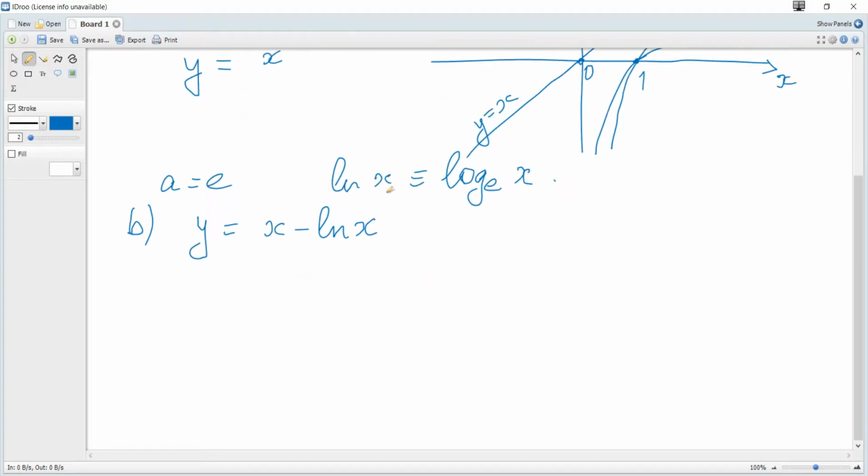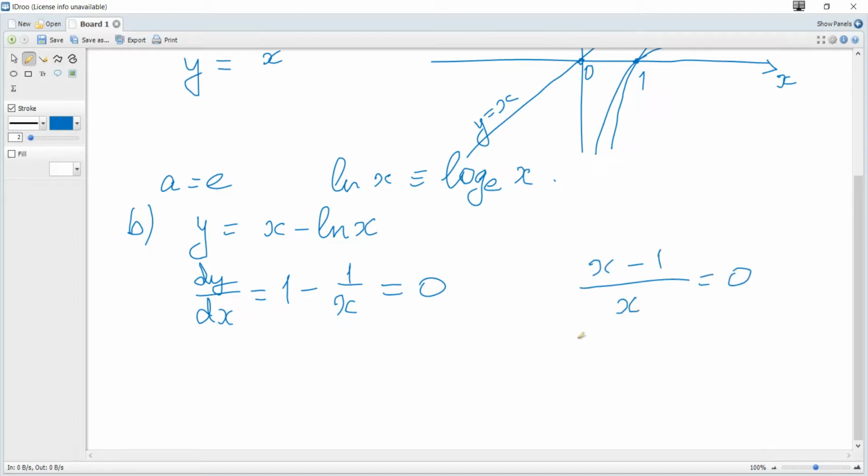So we need to find the minimum, and we know the required condition is that derivative must be 0. So let's find dy/dx. Derivative of x is just 1 minus derivative of ln x, it's 1 over x, and it must be 0. And just solve for x. x minus 1 is 0, so x is 1.